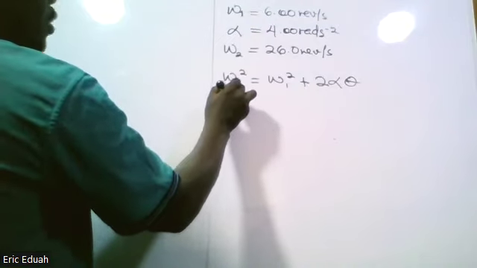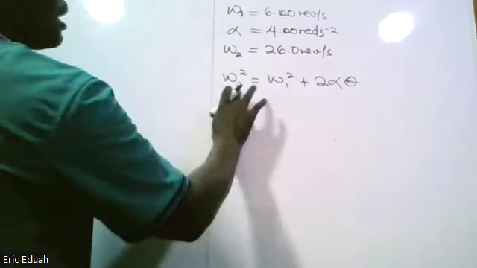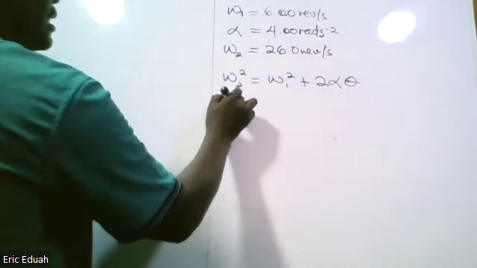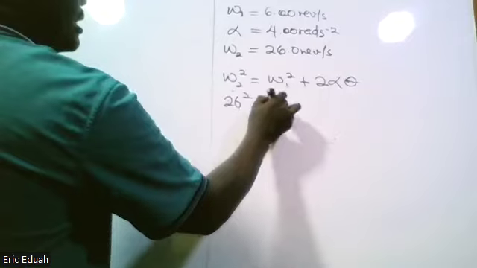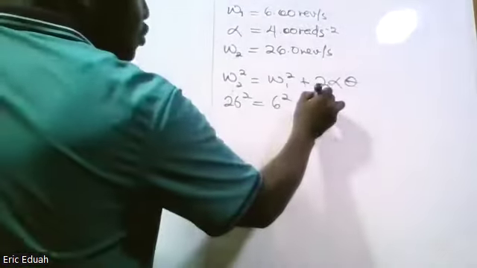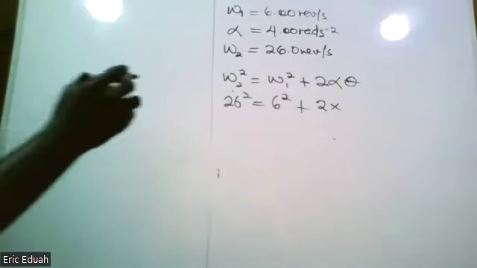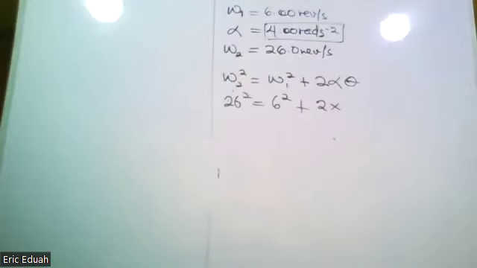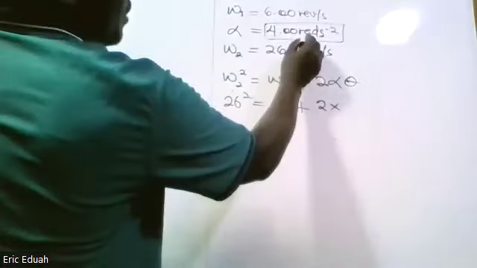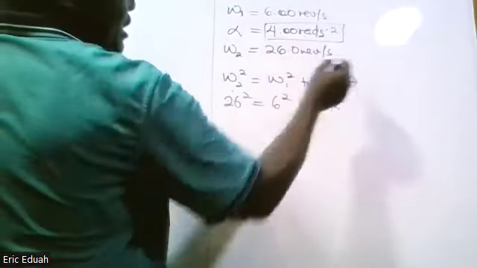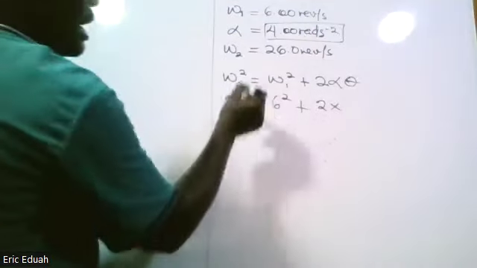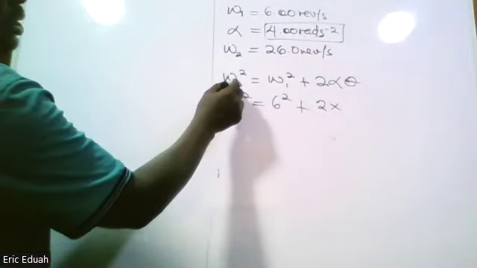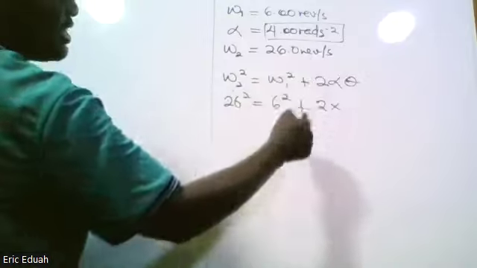Omega 1 is 6 squared. Omega 2 is 26 squared. Omega 1 is 6 squared plus 2 times alpha. Here we cannot use this value for alpha directly, because it is given to us in radian per second squared while the angular velocities are in revolution per second.